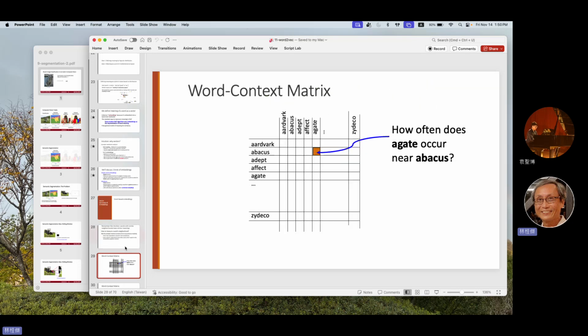Let me use this one here. Basically, the counting dimension is this. We already mentioned that the meaning of each word comes from looking at its neighbors, what appears close to it. If I say spinach, then when we use the word spinach, it is probably talking about food or some vegetable.